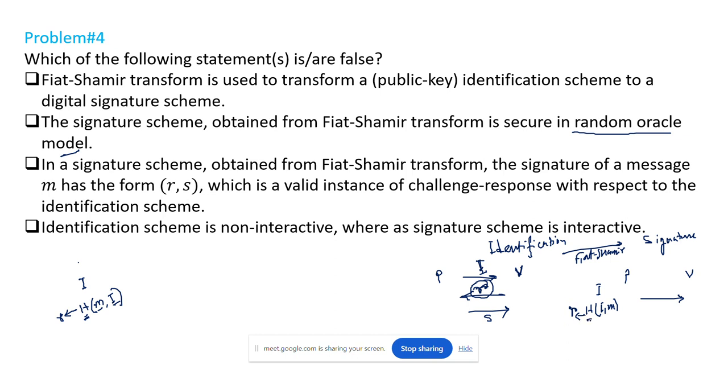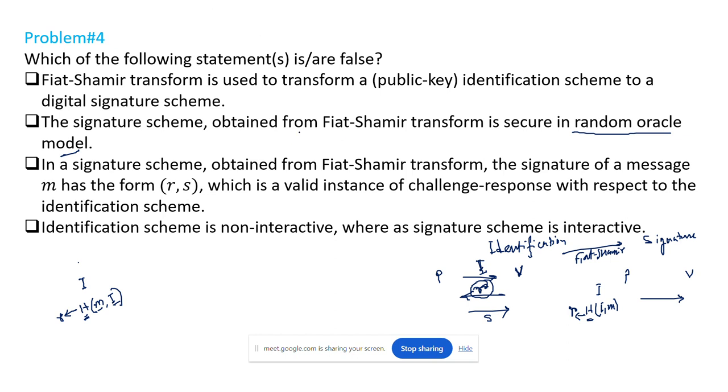So although R is generated on the prover side only, if the prover is following the protocol, then R will be chosen as if it was chosen by a verifier. The generation of R cannot be controlled by the prover. That is why H needs to be modeled as a random oracle, and then the prover generates the corresponding response for this honestly generated challenge.